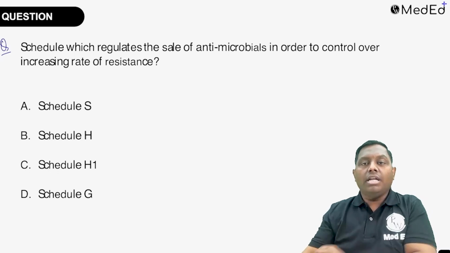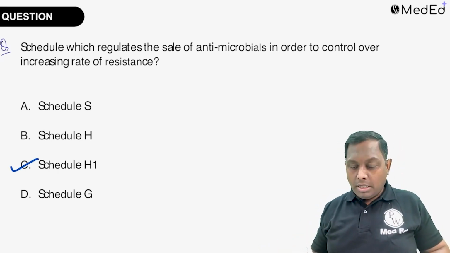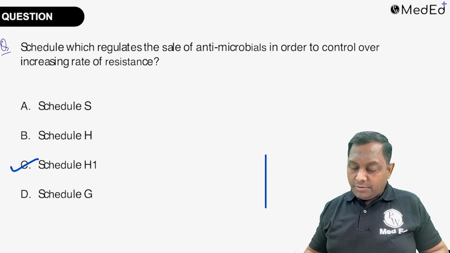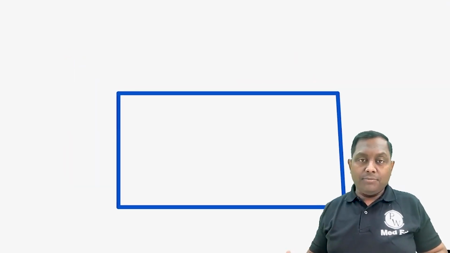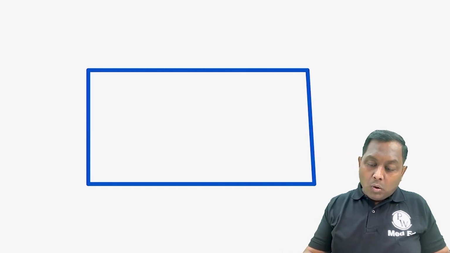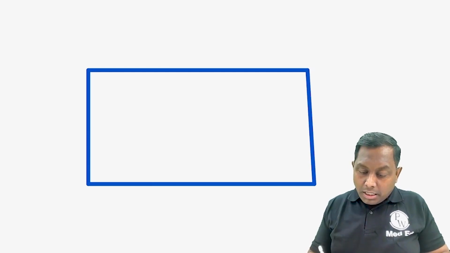To check over unauthorized sale of antibiotics, we have a schedule by the name of H1 schedule, and all the drugs under H1 schedule are mainly going to be identified. If you have seen any antibiotic, or if you are recently seeing someone eating any antibiotic, look at the antibiotic. On the left hand side of this antibiotic, there is going to be a red line.